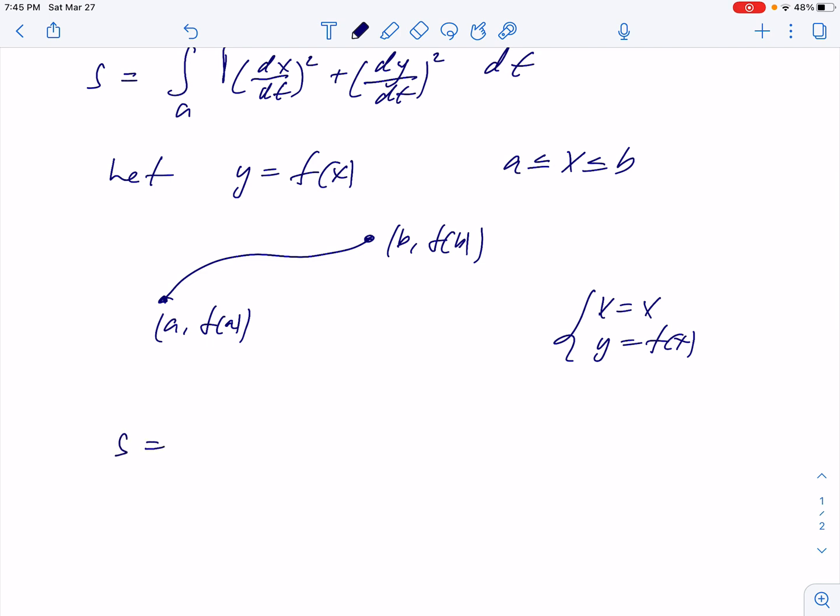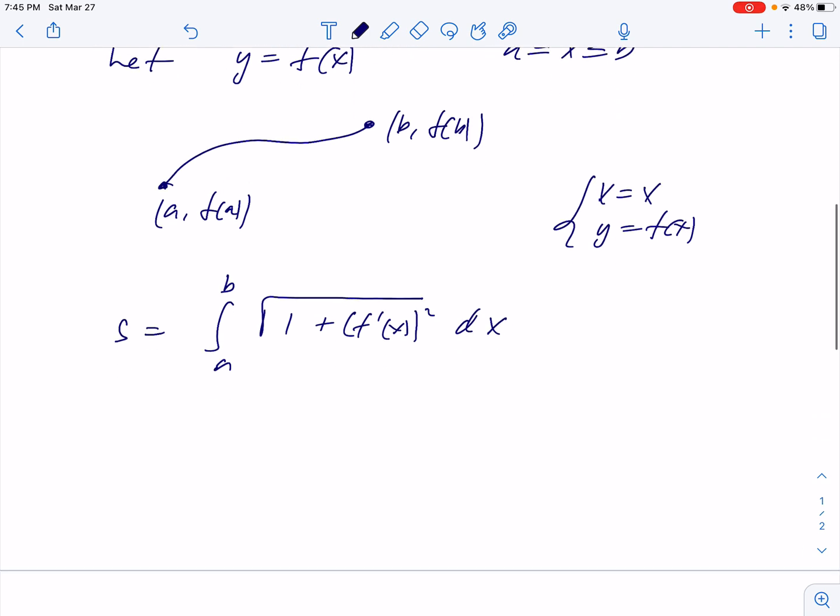Arc length then will be the integral from A to B, square root of x prime, which is just 1, so 1, plus y prime, which is f prime of x, this thing squared, dx. This formula you have seen before when you studied applications of integrals. Now we can do some examples.